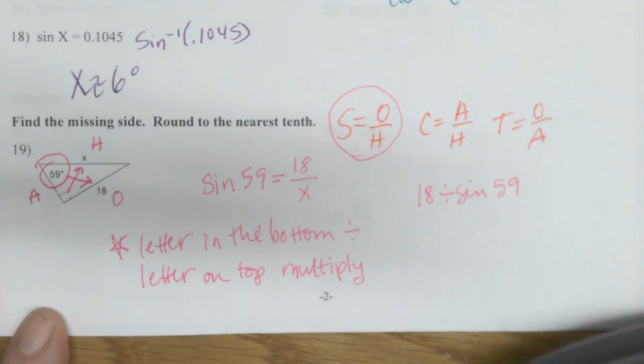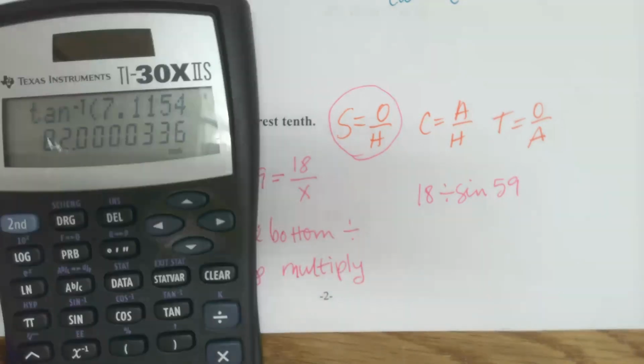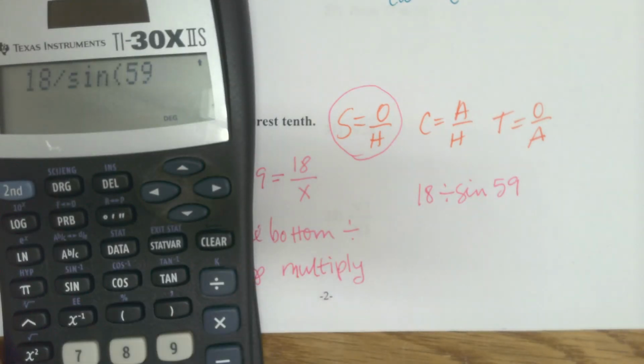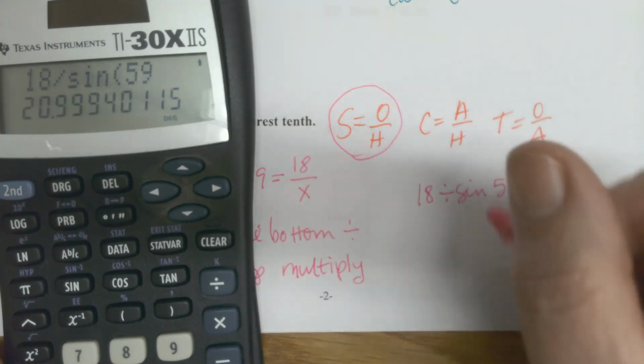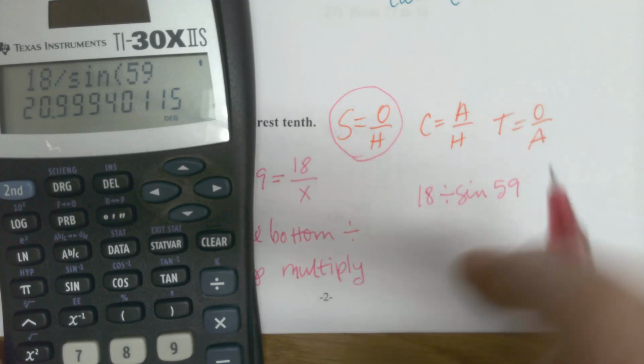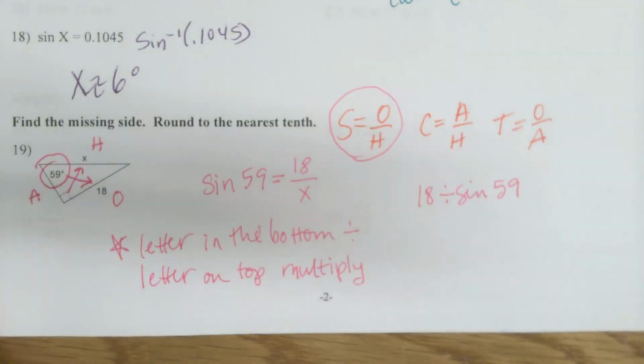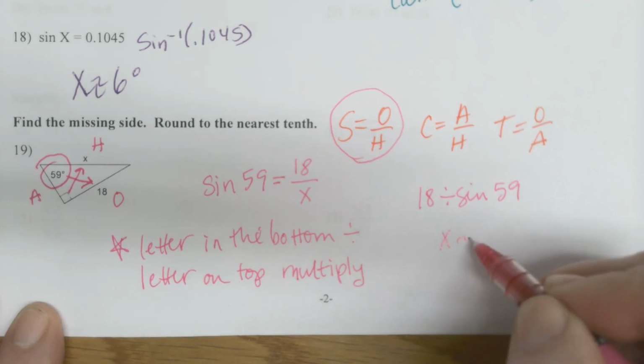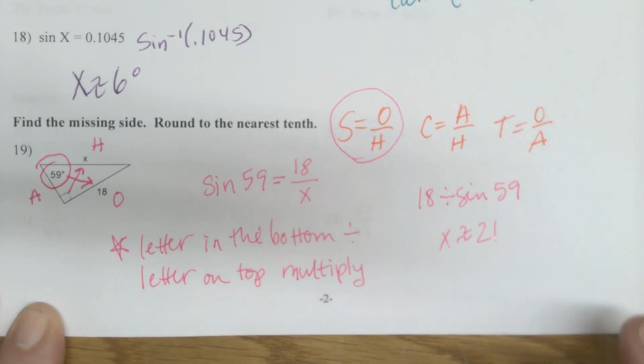Always put the number part in first. So this is 18 divided by the sine of 59. And I get about 21. They said nearest tenth, but it's 20.99, so I'm going to go x is about 21.